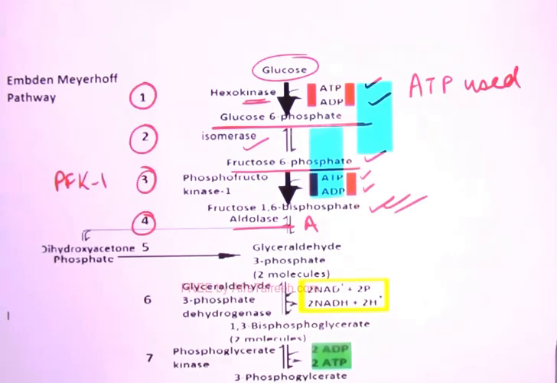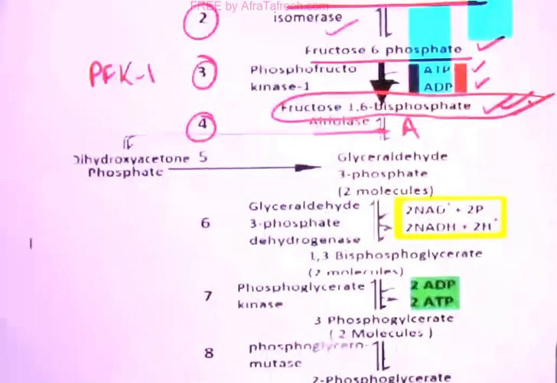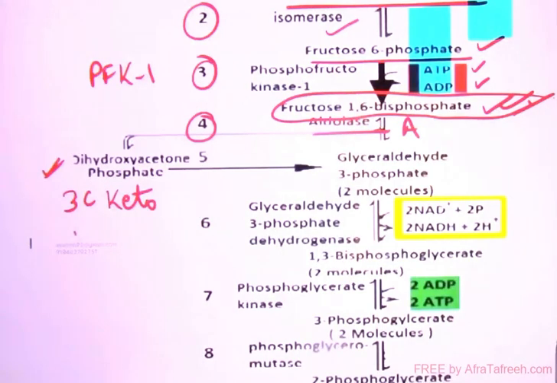Aldolase A will break down this compound. This is a 6-carbon compound with 2 phosphates, which is now broken down into two 3-carbon compounds. One is an aldehyde sugar, the other is a keto sugar. Both are given one phosphate each. So let's see. Fructose 1,6-bisphosphate gets converted to dihydroxyacetone phosphate, a 3-carbon keto sugar with a phosphate, short form DHAP.